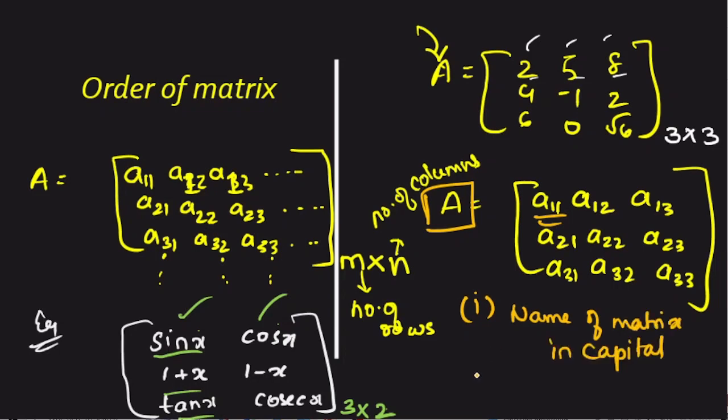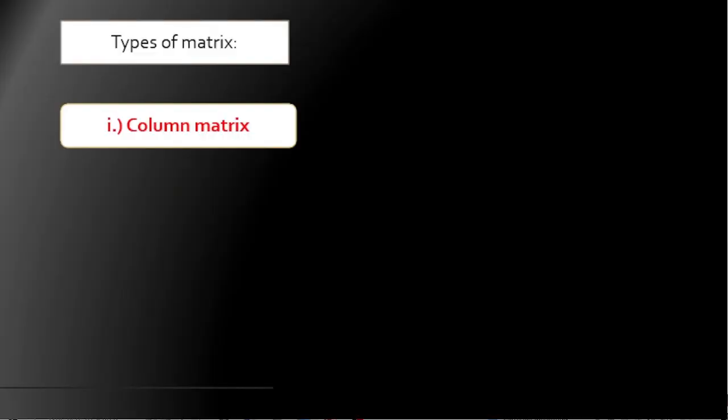The element of the matrix will be in small letter, whereas the name of the matrix will be in capital letter. Clear?